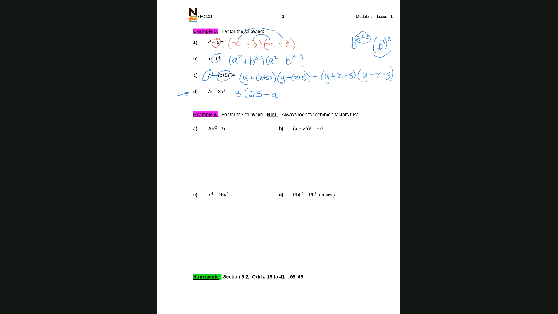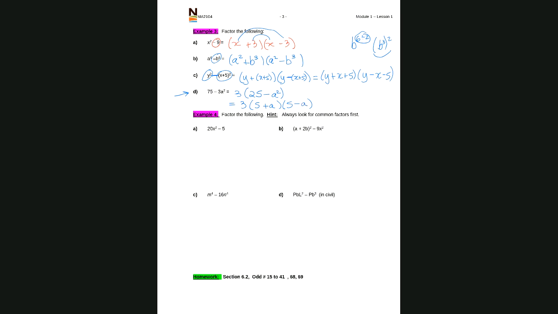Now you can see the remaining terms in the bracket are two perfect squares. We're going to keep the 3 in front of the leading bracket and then write two brackets. So this has to be 5 plus a times 5 minus a.